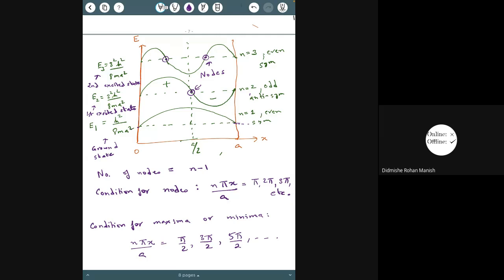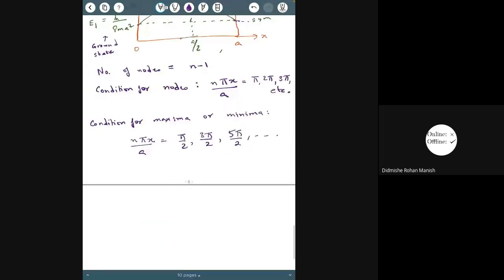And now we'll talk a little bit more about the important points for a particle in a 1D box.